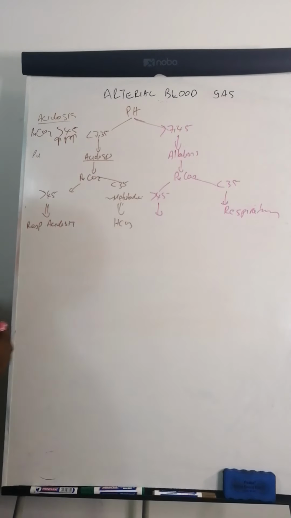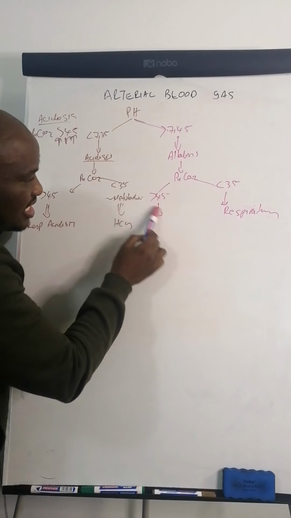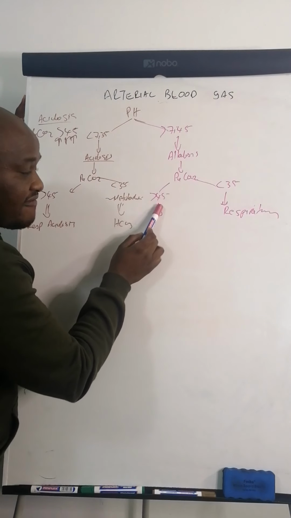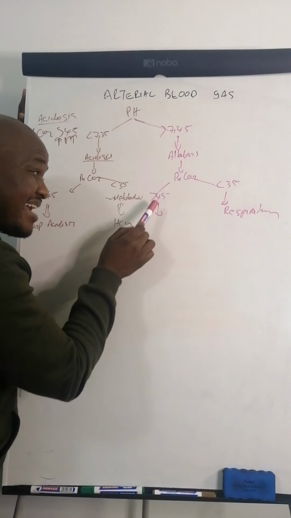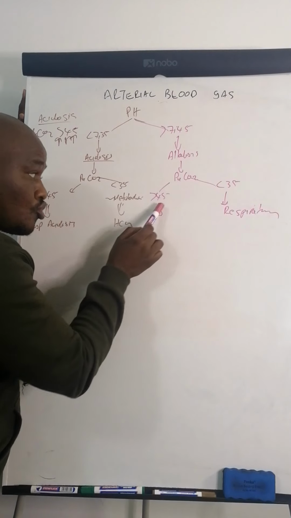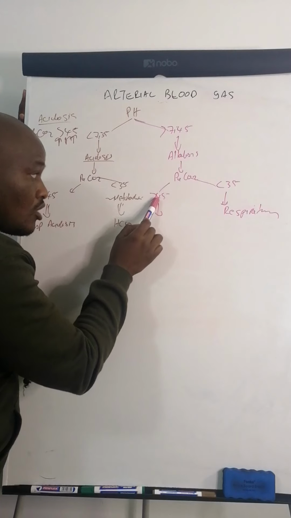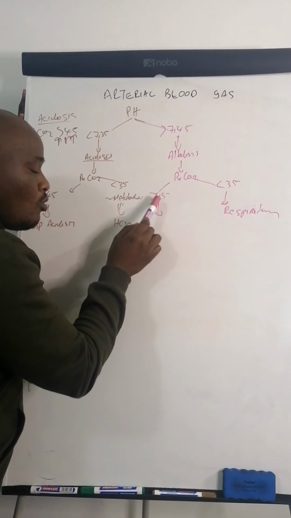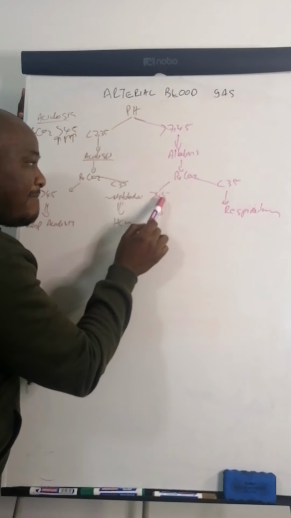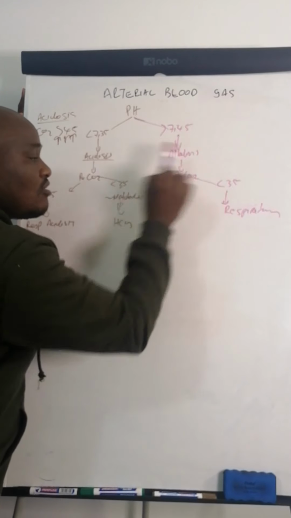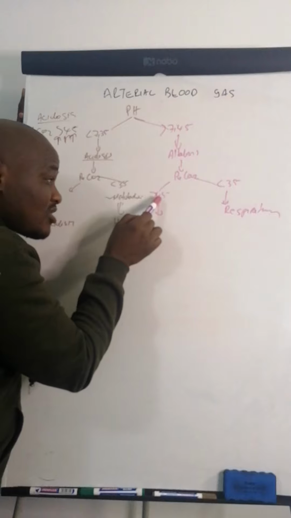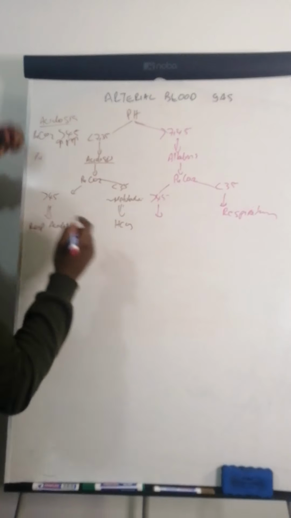By definition, we know that if you have got a partial pressure that is more than 45, that is increased, you should be having acidosis. But we are not having acidosis. We are having alkalosis. So which means this is most likely a compensatory mechanism.